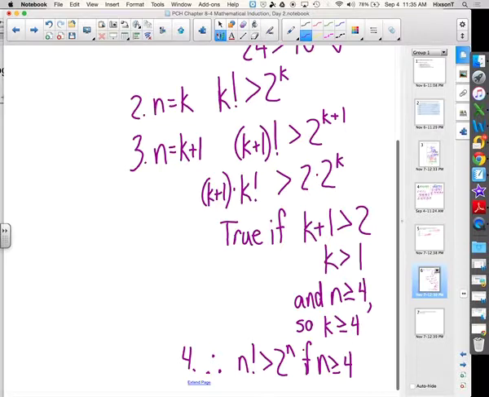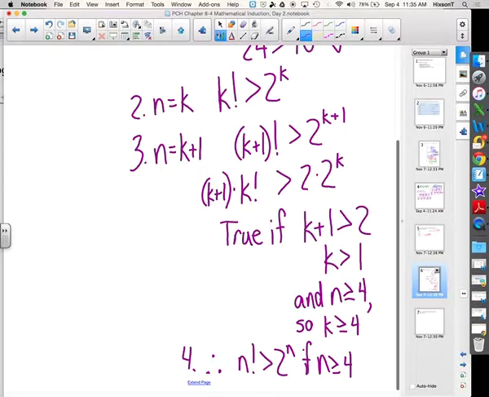Weren't you supposed to like plug in k plus 1 to both sides or something? We did right here. See this? I just expanded that factorial, and I split the exponents up a little bit. Cause what I got is 2k factorial is greater than 4k equals 2k to k plus 1.